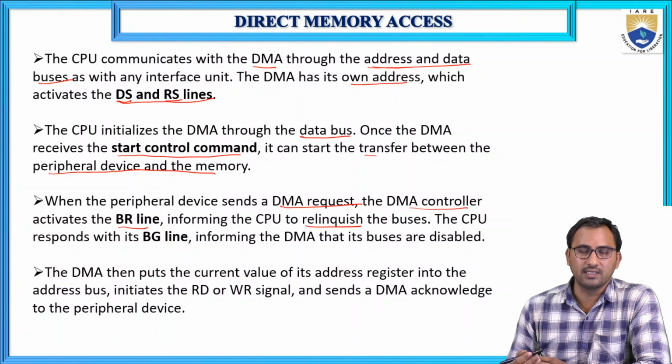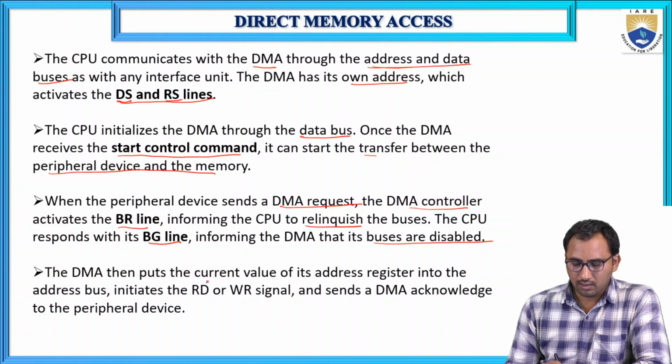So relinquish means the CPU will cease the buses, because when the CPU gives a bus grant signal to the DMA controller, the CPU doesn't have any control over the buses. So the CPU responds with the bus grant line informing the DMA that the buses are disabled.